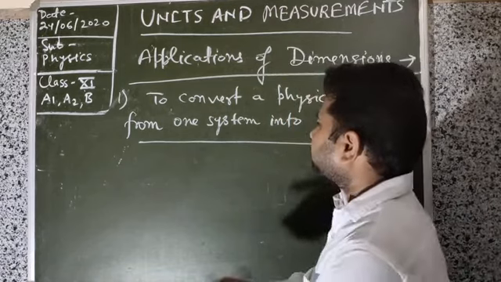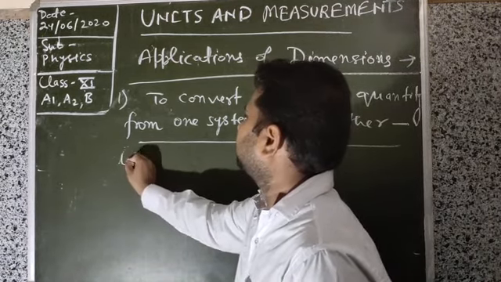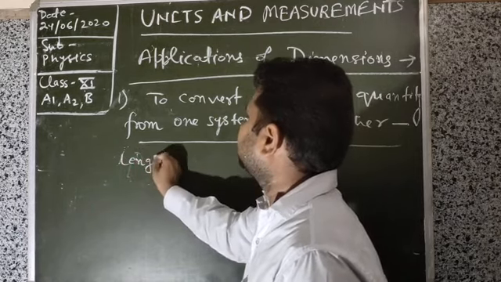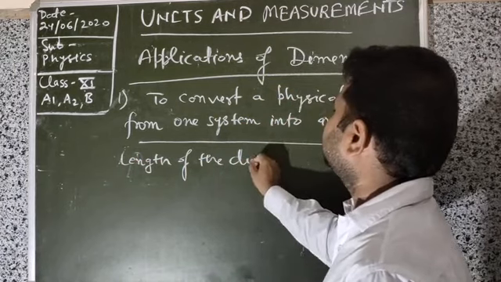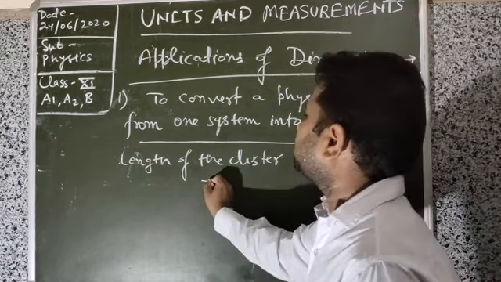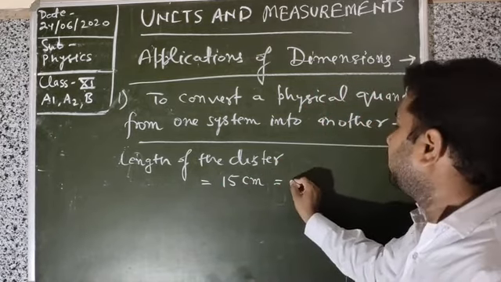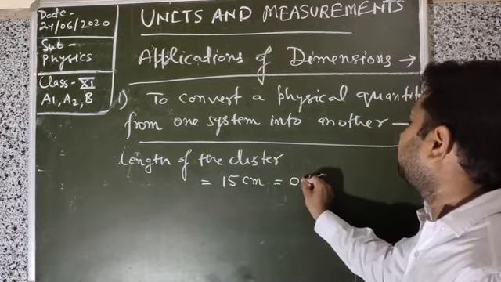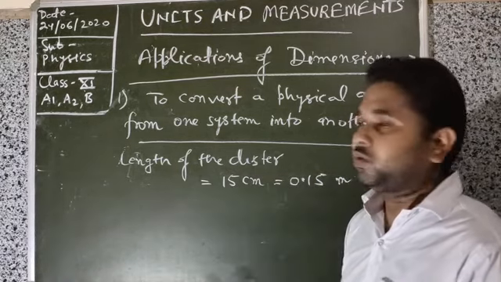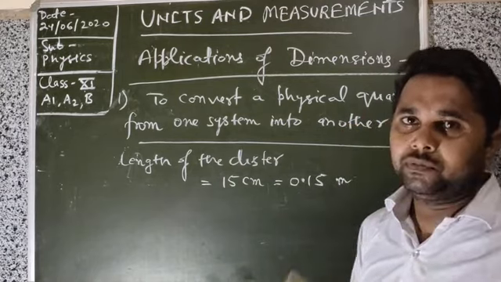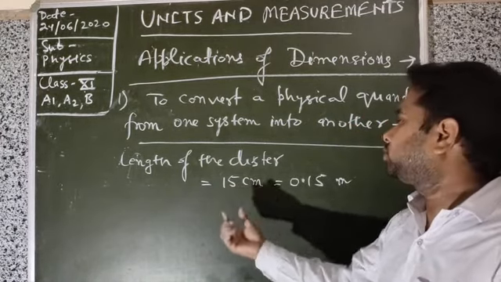See here, we can write: length of the duster equals 15 centimeter equals 0.15 meter. This is the measured quantity, the length of the duster in two systems of unit.